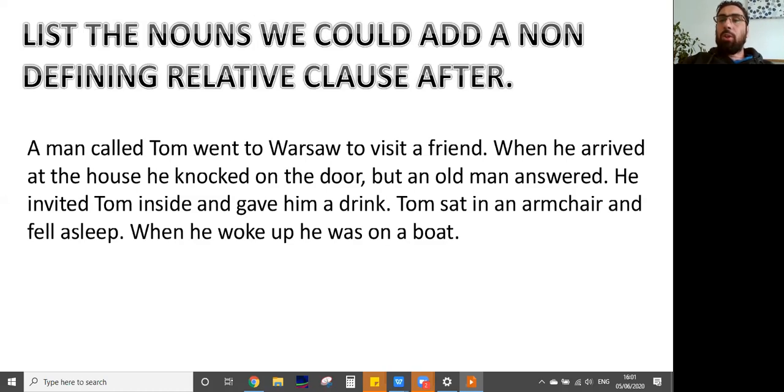We use non-defining relative clauses to give extra information about nouns. So can you find the nouns within this short story? In the chat section, please type all the nouns that you think we could add non-defining relative clauses to.